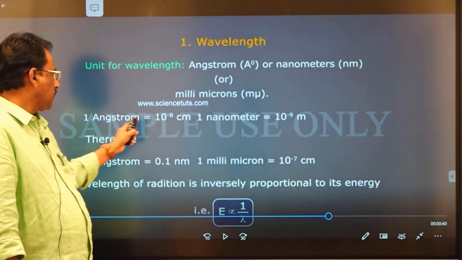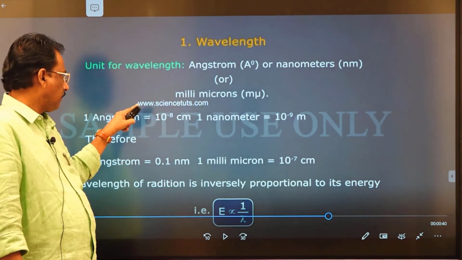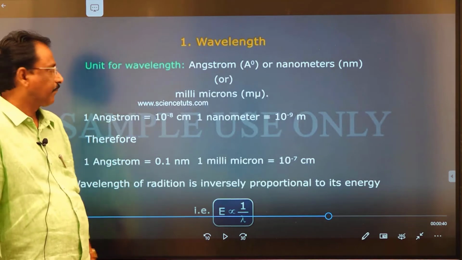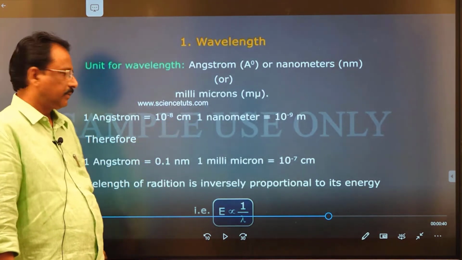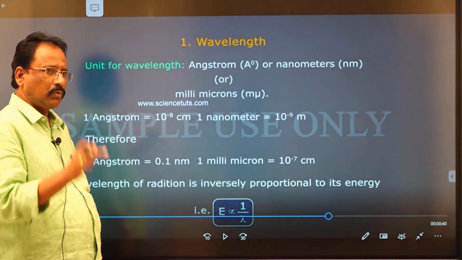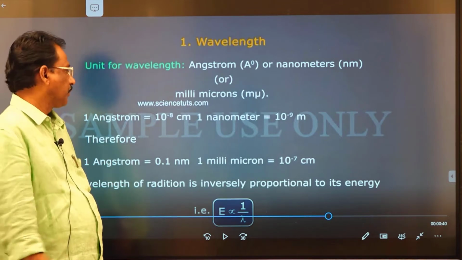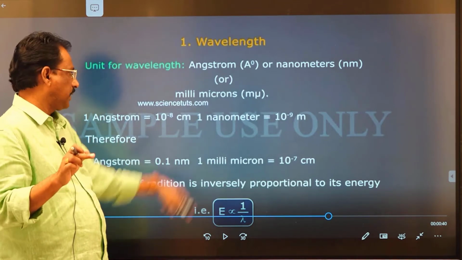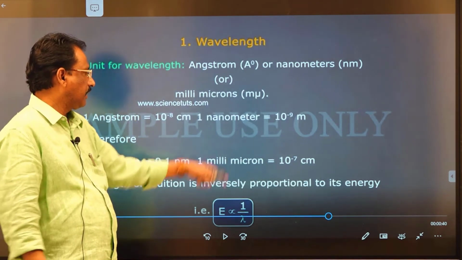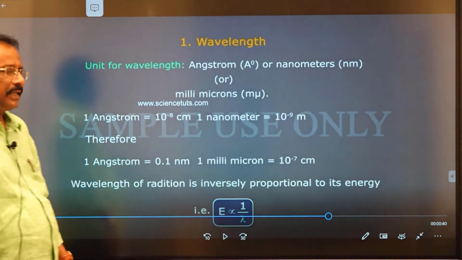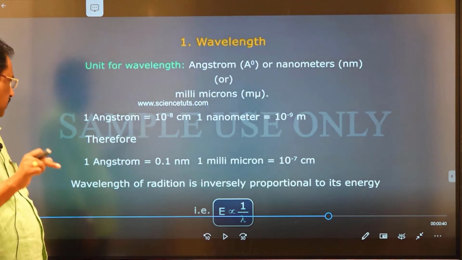1 angstrom is equal to 10 power minus 10 meters, and it is also expressed in terms of nanometer. 1 nanometer is nothing but 1 millimicron, 1 mu. 1 nm, nanometer symbolic representation, is equal to 10 power minus 7 centimeters or 10 power minus 9 meters.